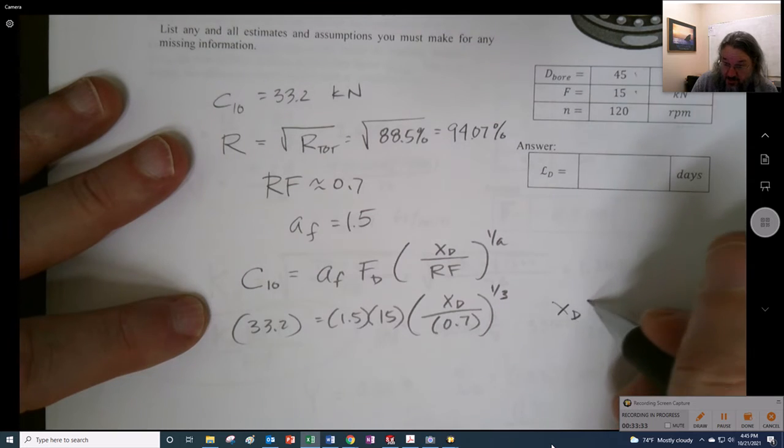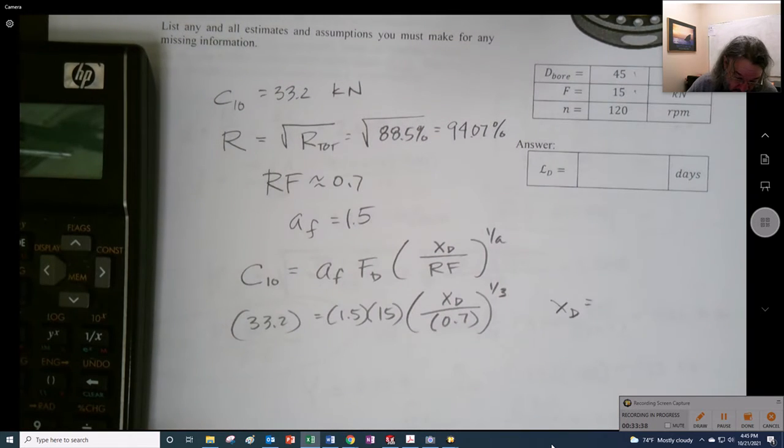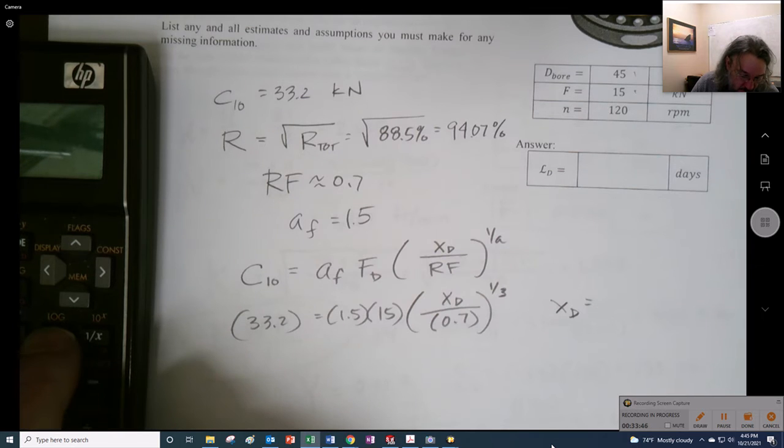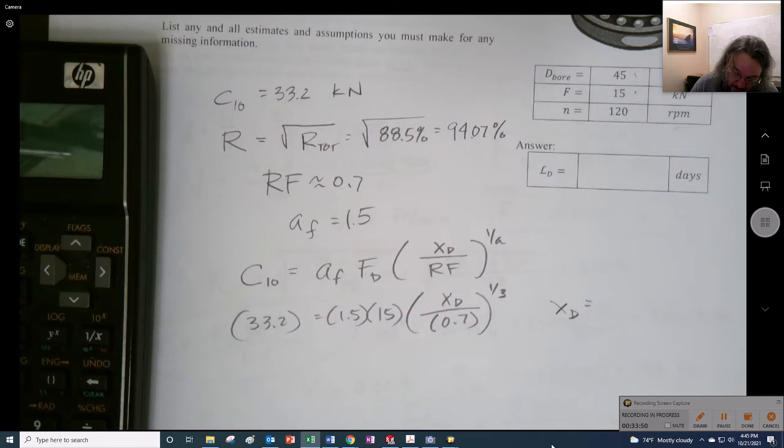And from that, I should be able to get my XD, I think. So 33.2 divided by 1.5, divided by 15, and then I need to cube it, and then multiply it by 0.7. Is that right? I think so.